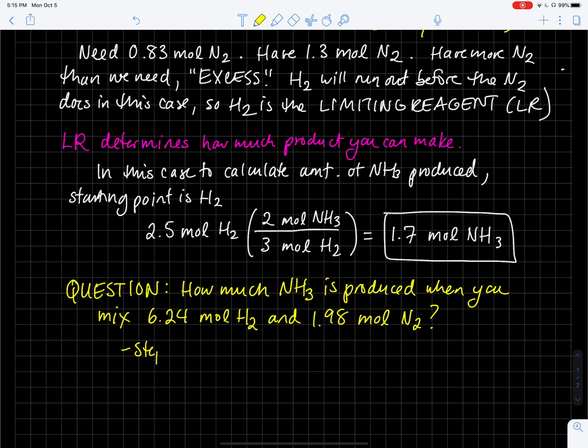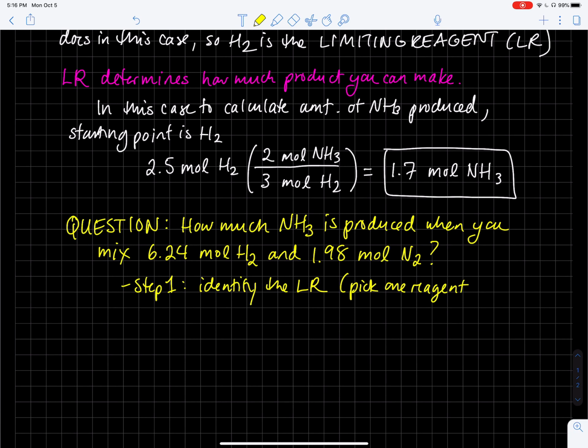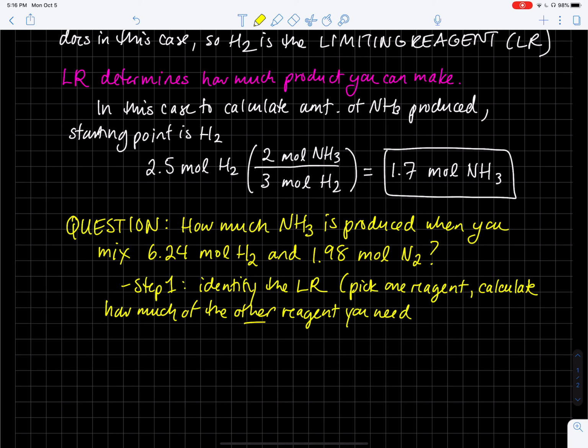So I'm just going to outline. Step 1 is identify the limiting reagent. There are a few ways to do this, but the way I like to do it is just to pick one reagent, and it doesn't matter which one. I'm going to go through both when I do the answer, but just pick one reagent. Using your stoichiometry skills, calculate how much of the other reagent you need to react with all of it.